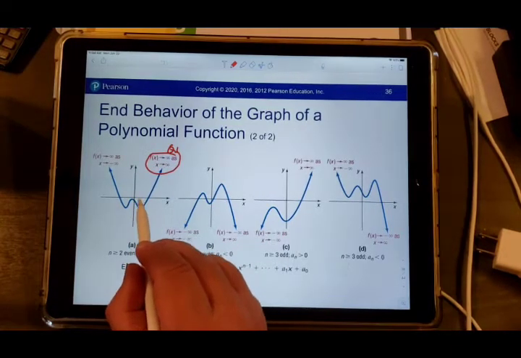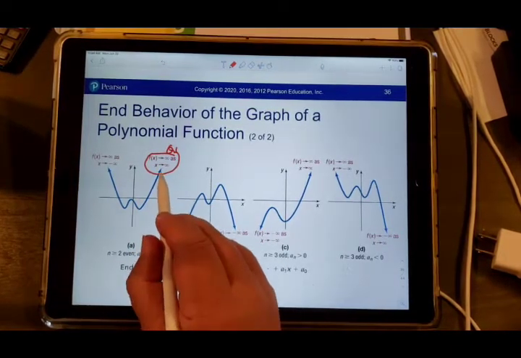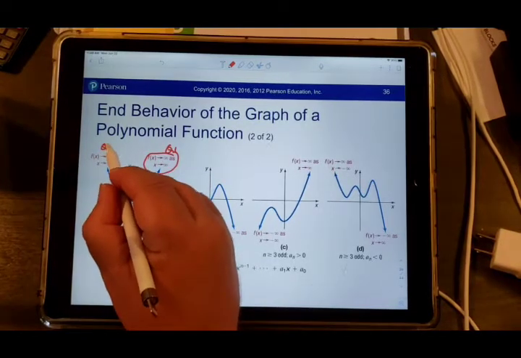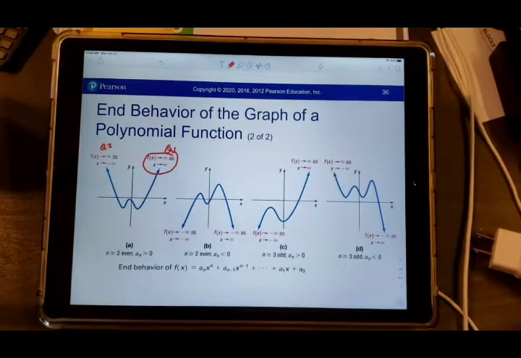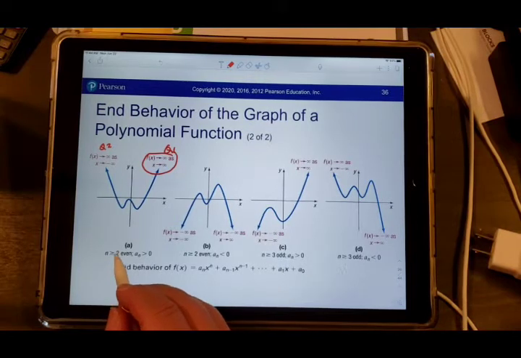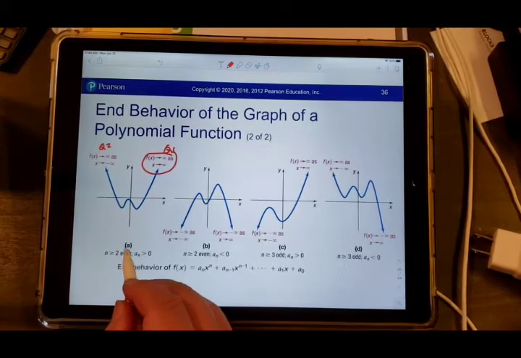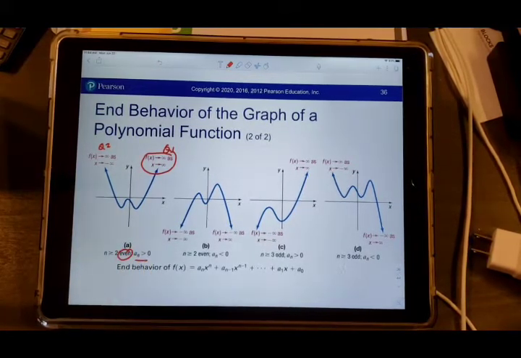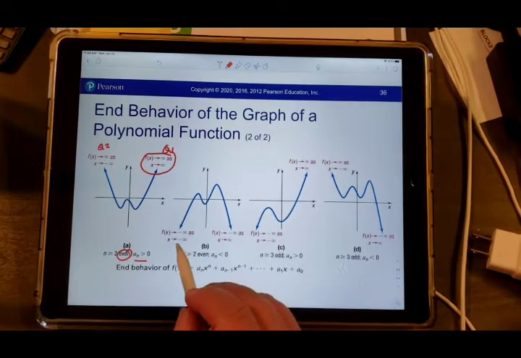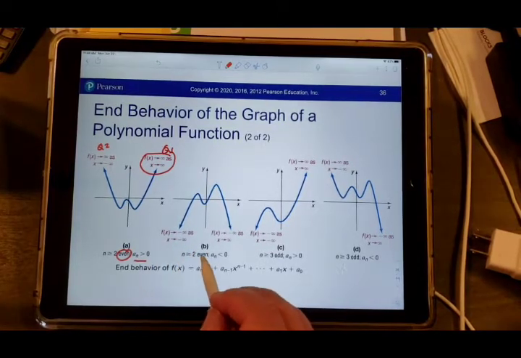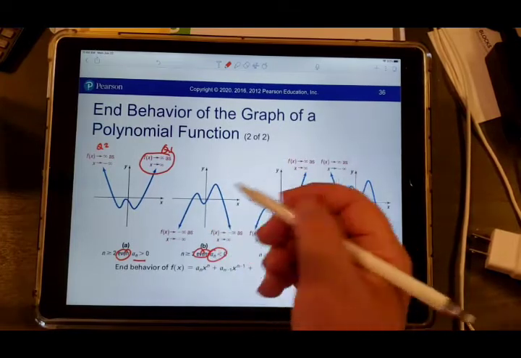As x goes to the right, the function goes up. I describe this as leaving the box in quadrant 2. But this is the situation where you have an even exponent and a is positive. This is the situation where you have an even exponent, but a is negative. So I'll just put an example.